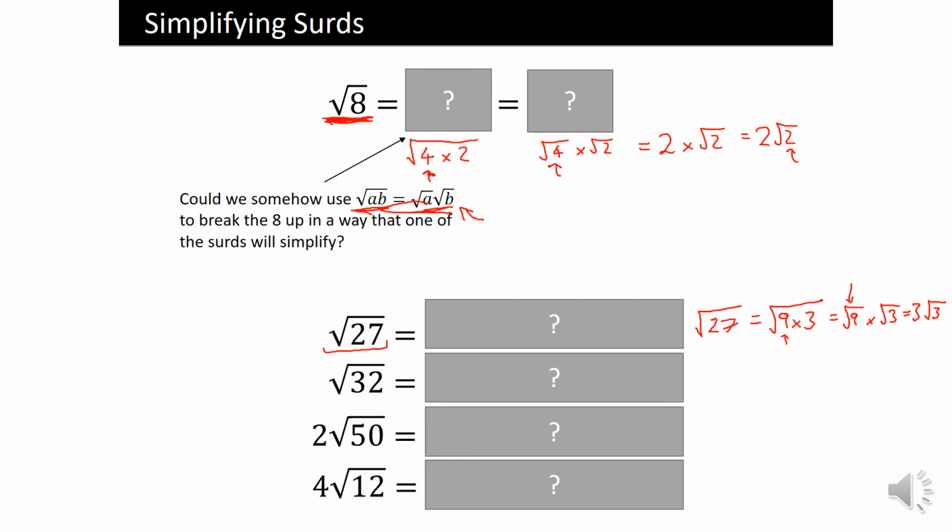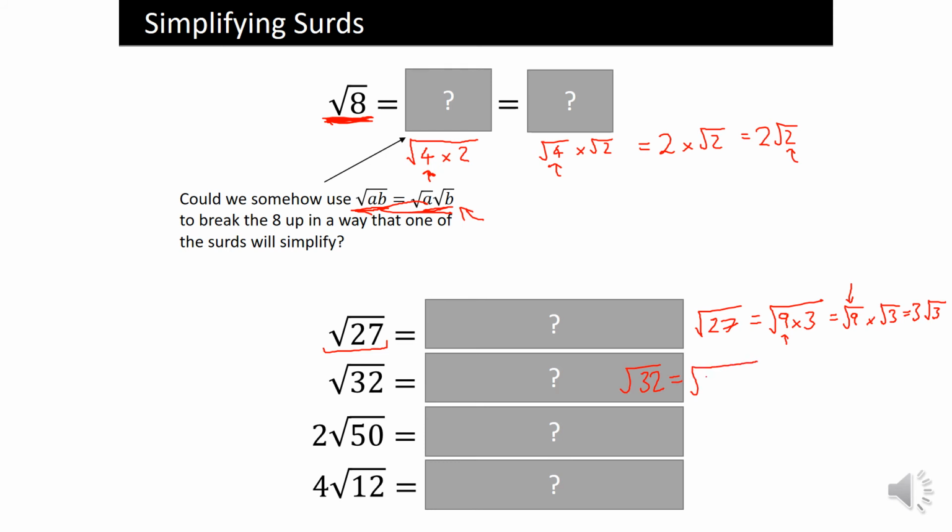So basically, by working out a square factor, we can simplify it. We can take that out, and then we can actually do the square root. If we use the square number factor, we can square root it, because we know how to square root a square number. So let's have a look at root 32. Square factors of 32, we've got 16, so let's go with that.